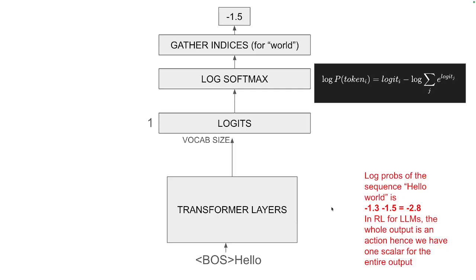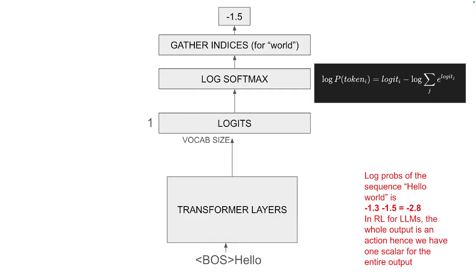Now to combine this set of tokens into one action space, what we do is we take the sum of this log p token, and the sum of the log probabilities of each of these tokens is called the log probs. And when you take a sum, we are basically talking about the likelihood of the entire response.